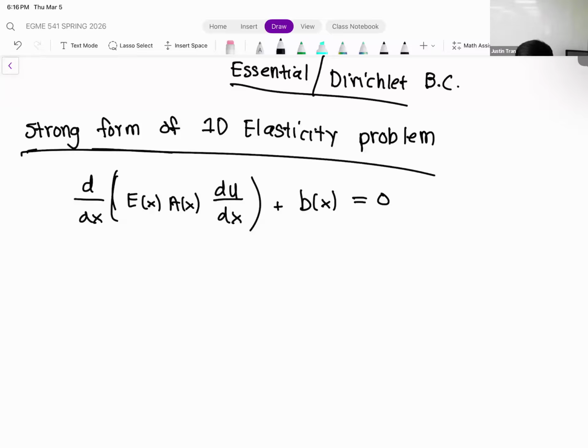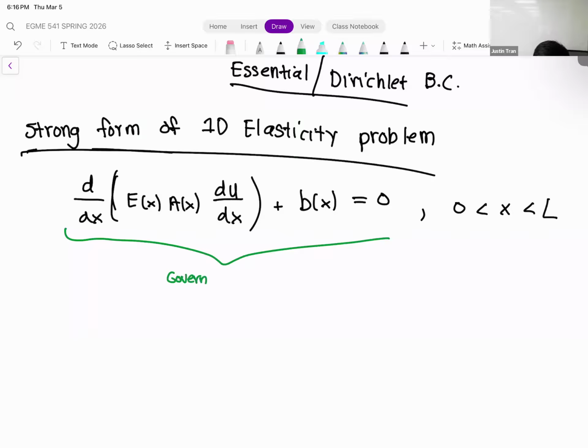Next we express the domain. We have a one-dimensional problem here, so we basically just describe the upper and lower bounds for x. In this case, our domain for x is between x equal to 0 and x equal to L. So this right here is our governing equation, and this right here is our domain.